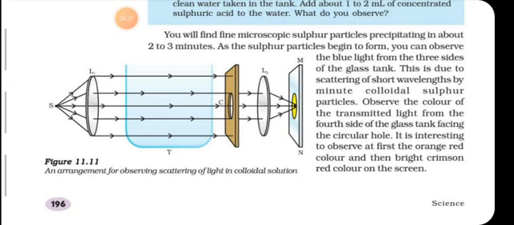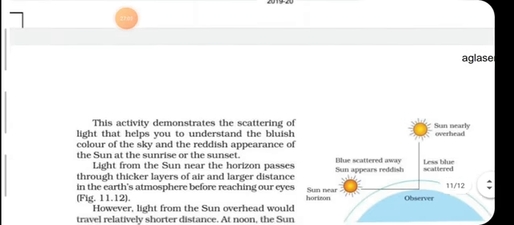It is interesting to observe that at first the orange red color and the bright crimson red color is found on the screen. So students, which colored light is found on the screen? The orange red and crimson red color. Fine students, I hope you are clear with this.